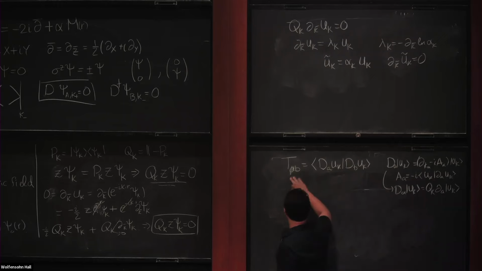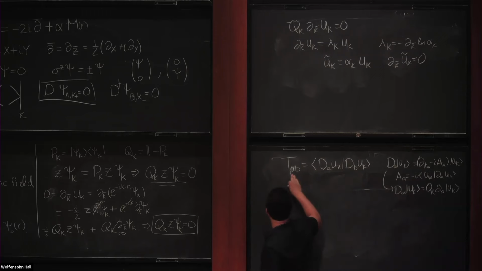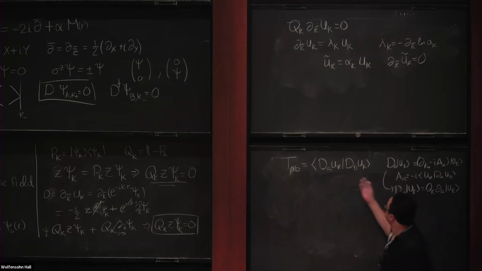But there's a way to decompose this object that makes its physical meaning much more transparent. So this is a Hermitian matrix, and it's positive semi-definite. You can see this from the fact that for any vector, this is just a norm of some vector.